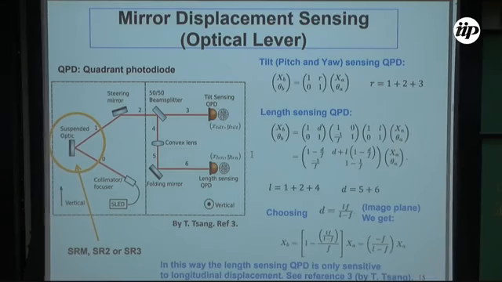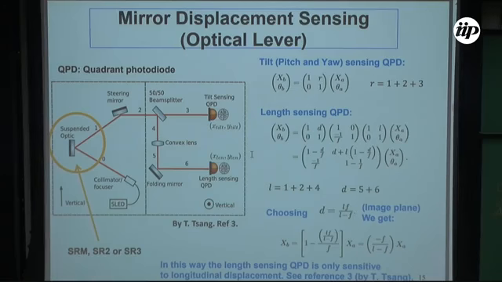So that is what you do. For example, your R here will be the distances 1, 2, and 3, and for length sensing, the distance will be 1, 2, and 4. And your D shows, for example, the image plane. We can get this so that it will be sensitive only to longitudinal motion.